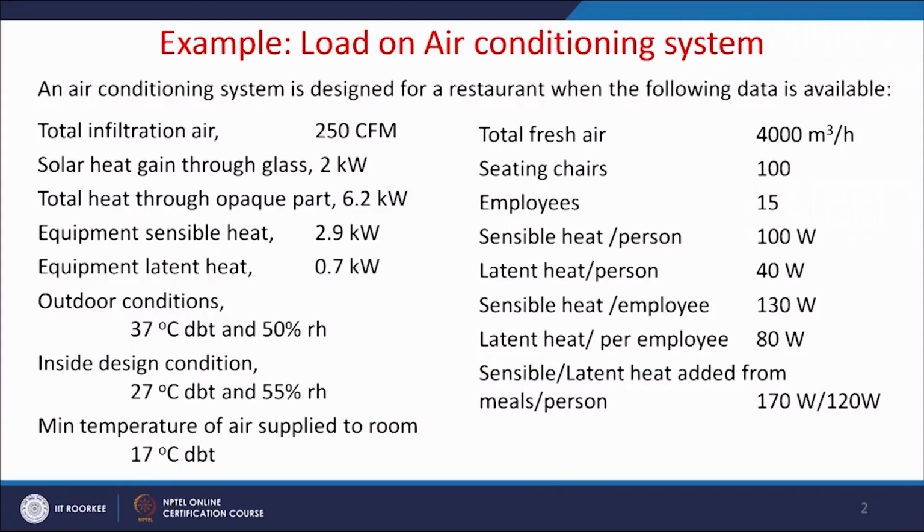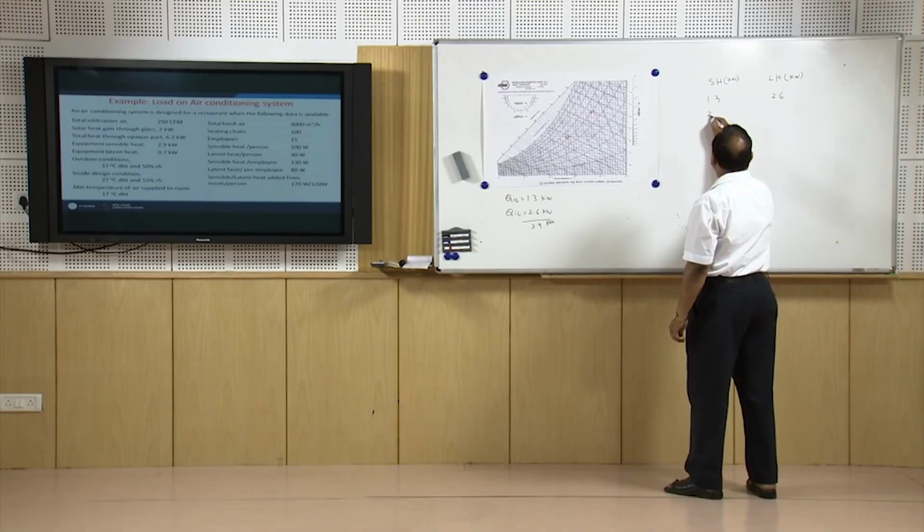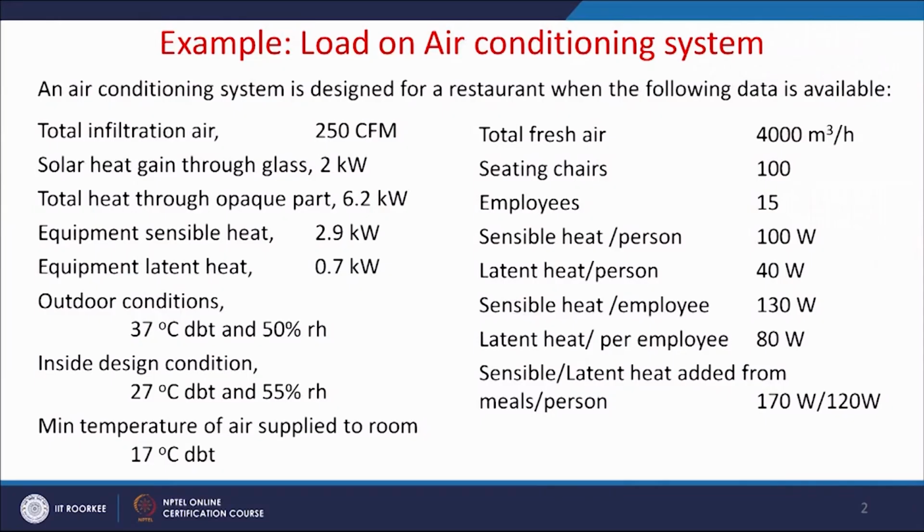The second is solar heat gained through glass. So solar heat gain through glass is 2 kilowatt. So this is going to be 2.0 kilowatt, that is sensible heat. Total heat through opaque part is 6, because in the opaque part there is only sensible heat transfer.